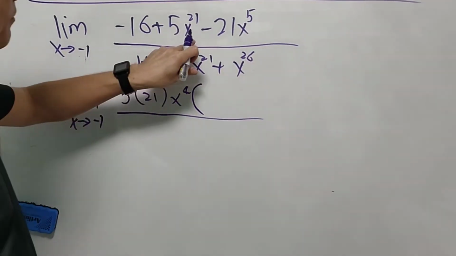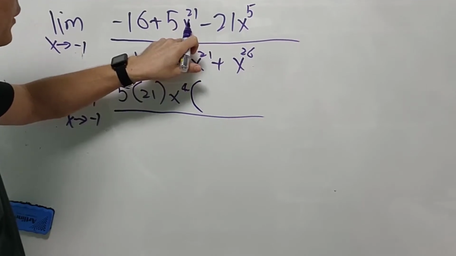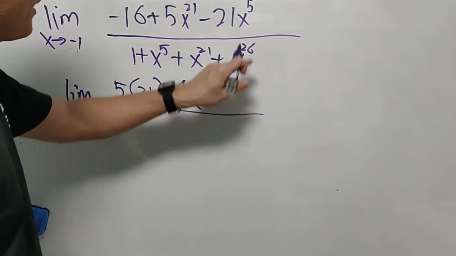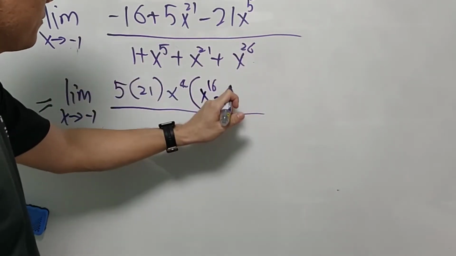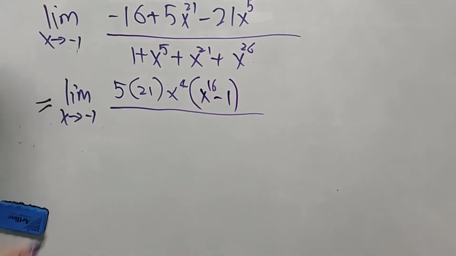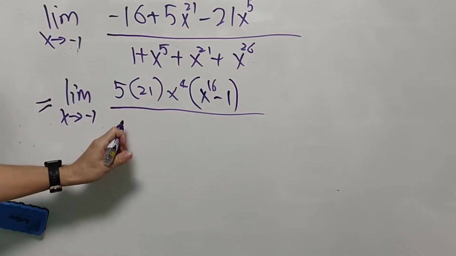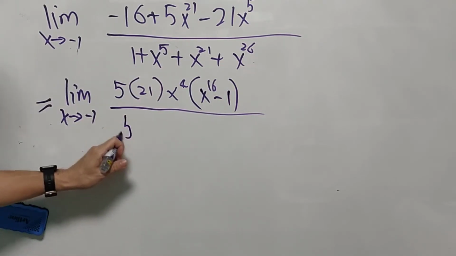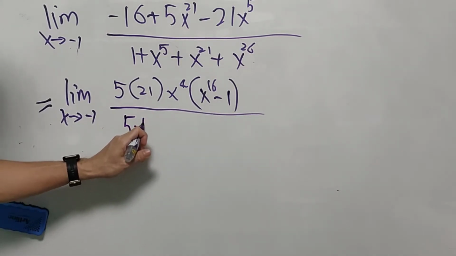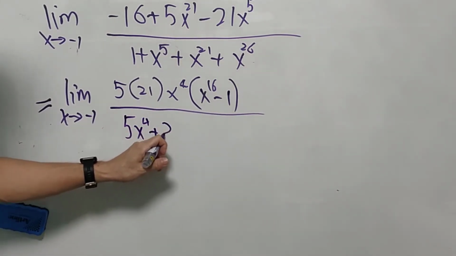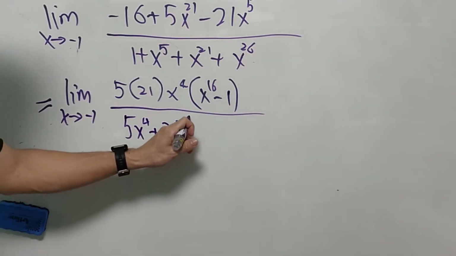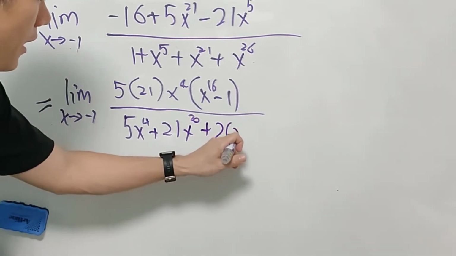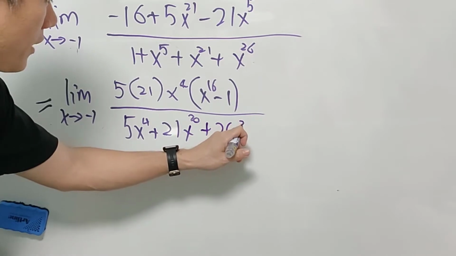Remember this will give us x^20, so it will become x^16, and this x^4 becomes 1. And for this, it will be equal to 5x^4 and 21x^20 and 26x^25.